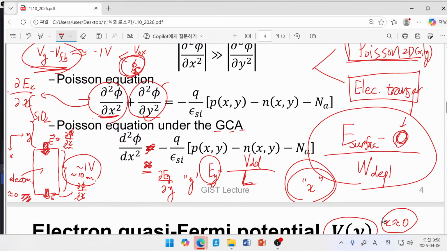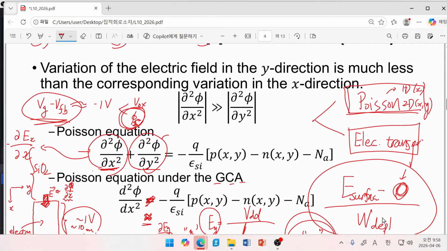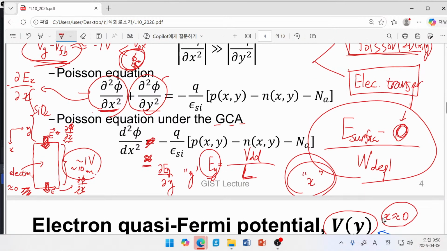So you can safely accept this gradual channel approximation, but there is one exception for its validity.